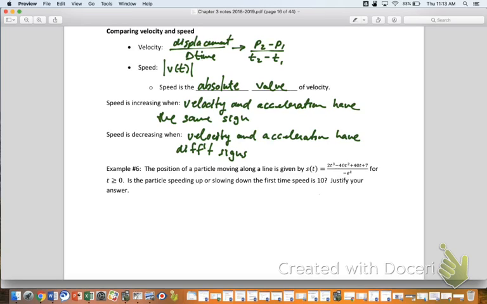Okay, now call out the sign of my velocity first, then acceleration. So positive velocity, acceleration was back that way, so I was slowing down. My speed was decreasing. Does that make sense?